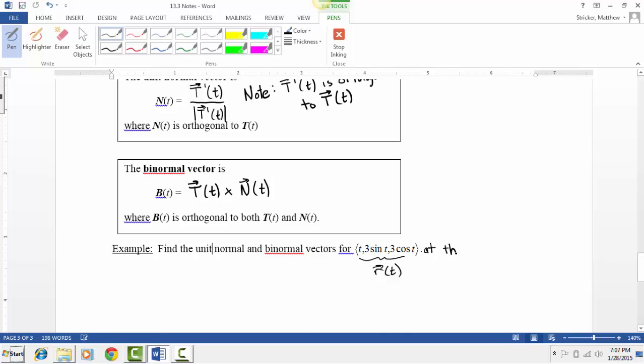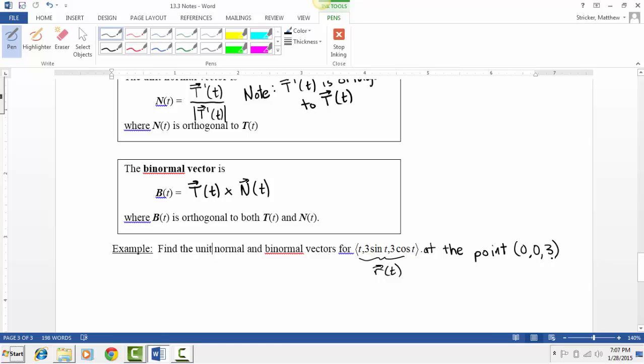Specifically, let's consider the point 0, 0, 3. So one of the first things we need to do is, because vector functions are typically in terms of some parameter t, figure out the t that corresponds to the point 0, 0, 3.